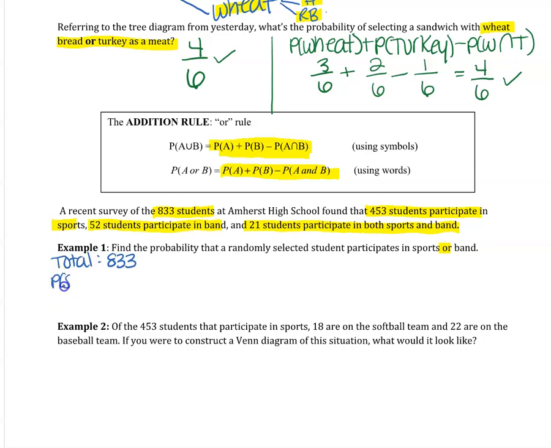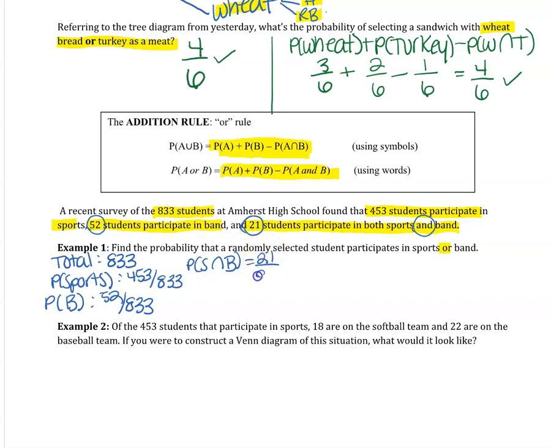The probability of selecting somebody in sports was 453 out of those 833. Probability of being in band was 52 out of the 833. The last thing they gave you was the people that are in both sports and band. So probability of sports and band, there's 21 of those students, again, out of the total of 833. So right now, all I've done is just listed out what was given to me.